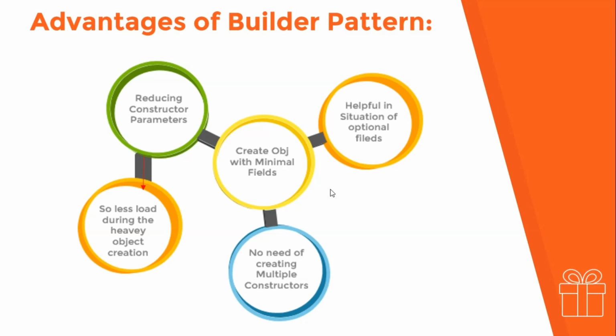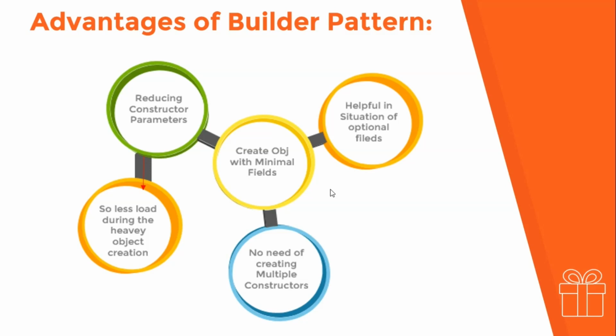It reduces the constructor parameters. Suppose you have a student class with 10 fields, and you are writing a constructor with all 10 fields. That is not a good coding practice.